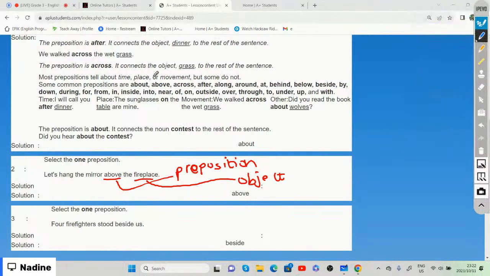So beside is our preposition and us is our object. So we said beside as preposition and us is our object.